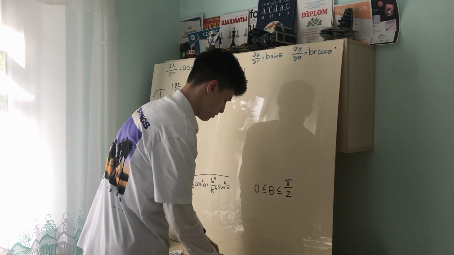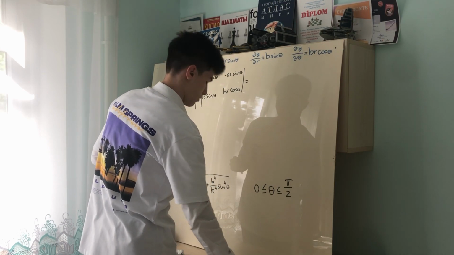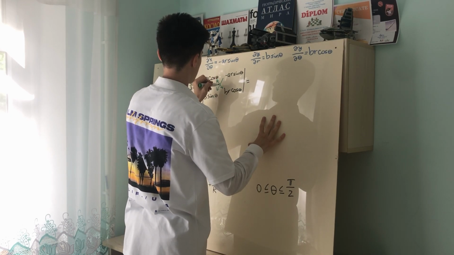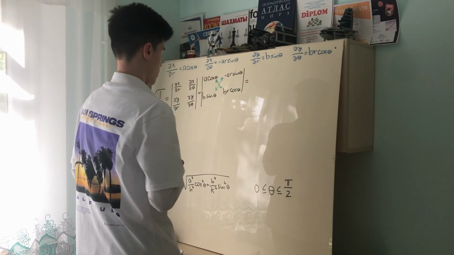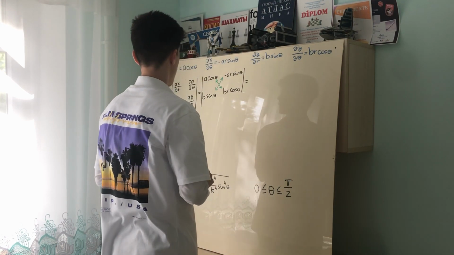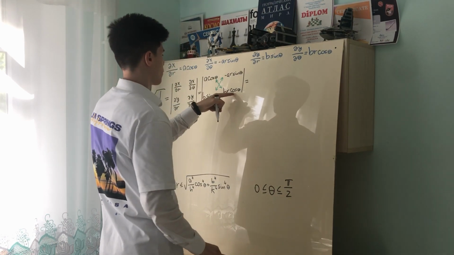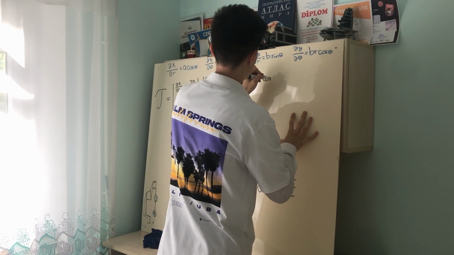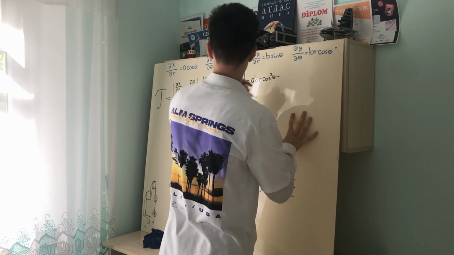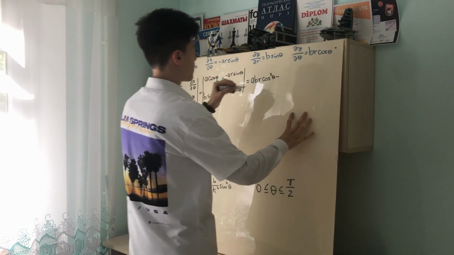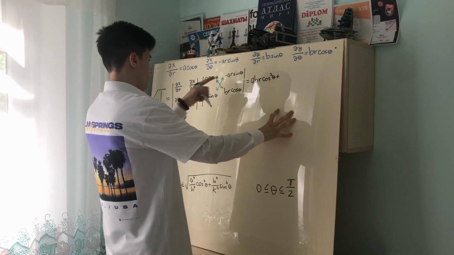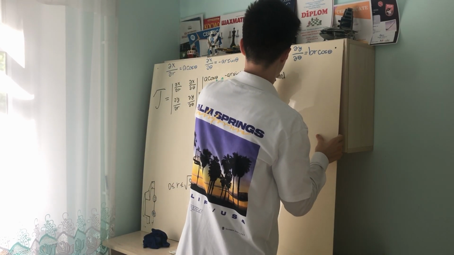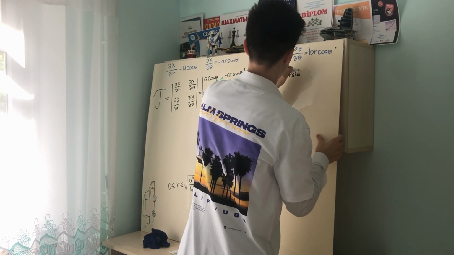We should multiply this one by this and this by this. So we'll get a b r cosine squared theta minus, but minus times minus gives plus, a b r sine squared theta.